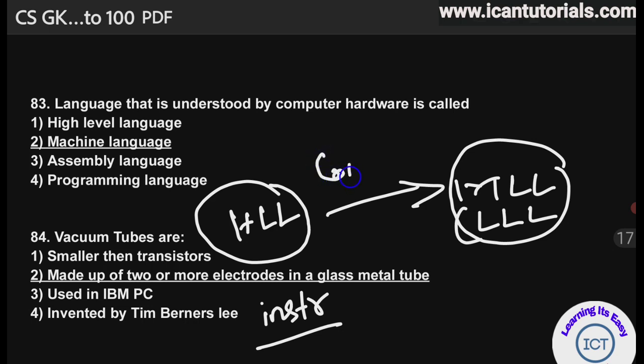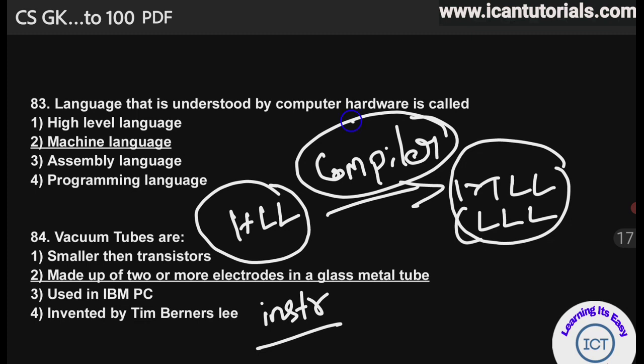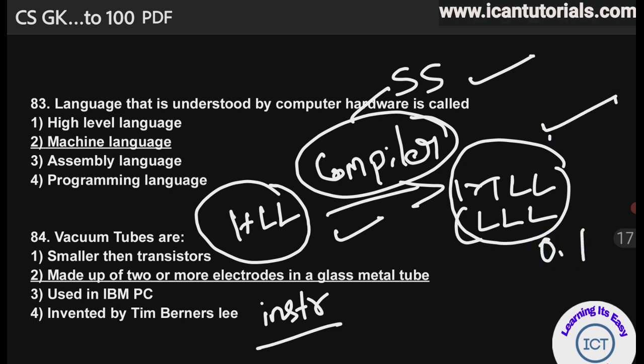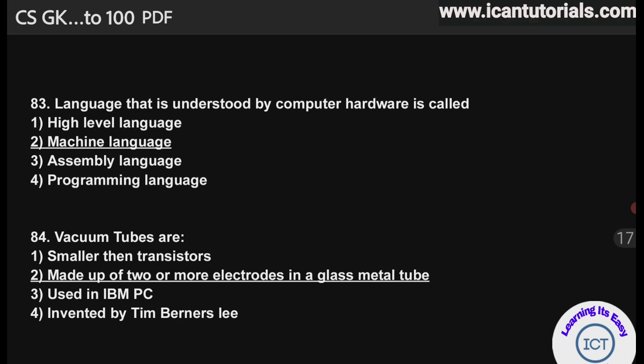This will be converted to low level language by the compiler. This compiler is a system software. High level language is like English or Hindi, machine language is nothing but zeros and ones, and assembly level languages use mnemonics.